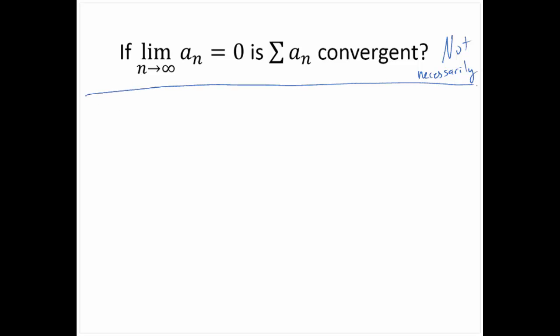And so here is a common example that contradicts this statement. Let's consider the sum from n equals 1 to infinity of 1 over n. This is often called the harmonic series.